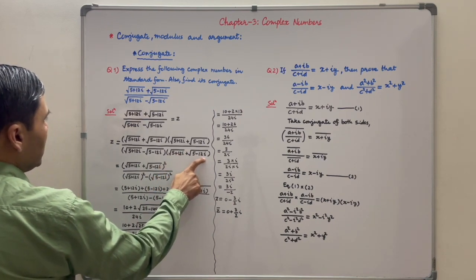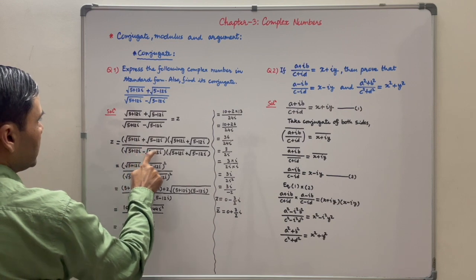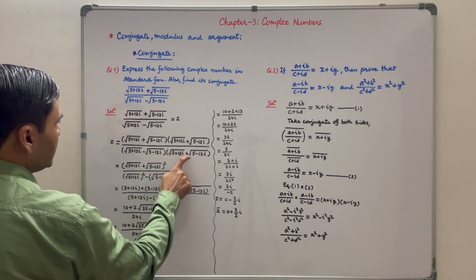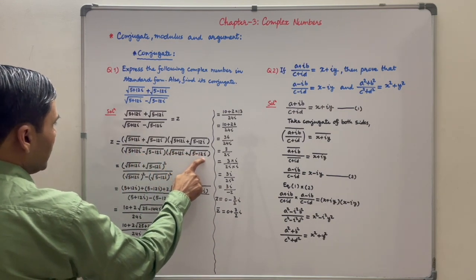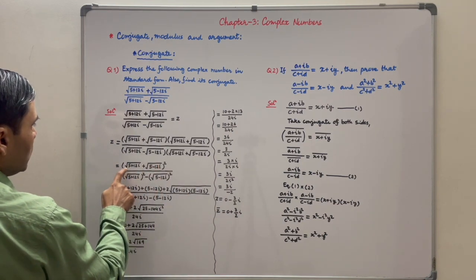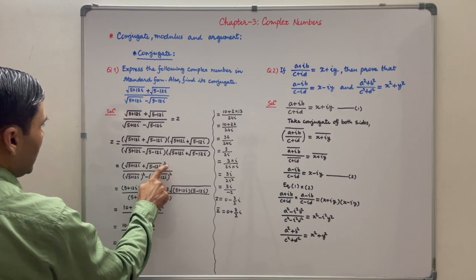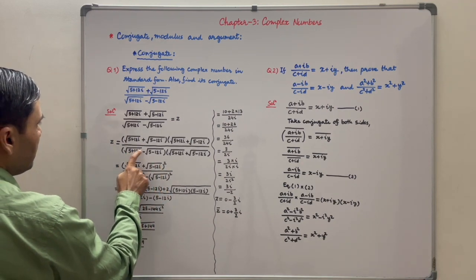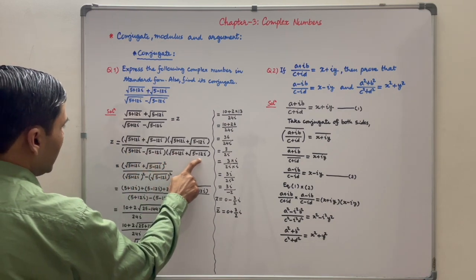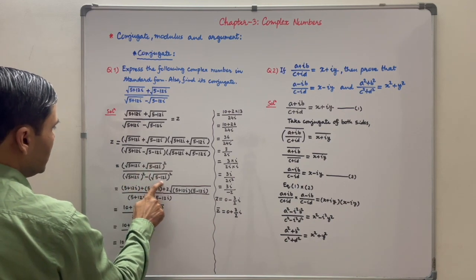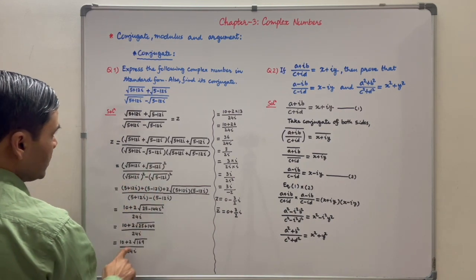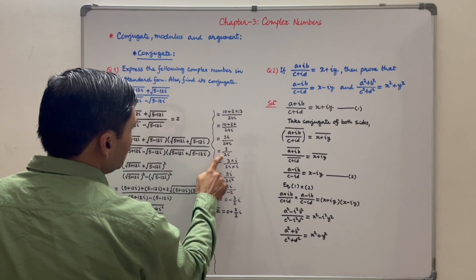Now we need to multiply both numerator and denominator by root 5 plus 12i plus root 5 minus 12i. So numerator becomes root 5 plus 12i plus root 5 minus 12i whole square and denominator is in the form a minus b into a plus b and that is a square minus b square. So on simplification it becomes 3 upon 2i.